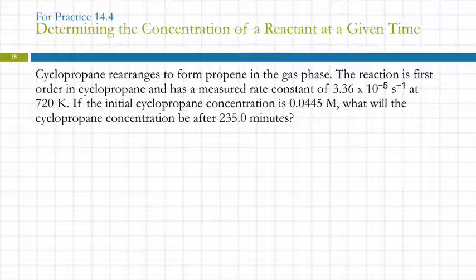It's first order, right? So we can use the first order integrated rate law. So we just write that out, natural log. Now, you probably don't know what the formula for cyclopropane is. We could just call it A, right? Natural log of A at time t is equal to negative kt.